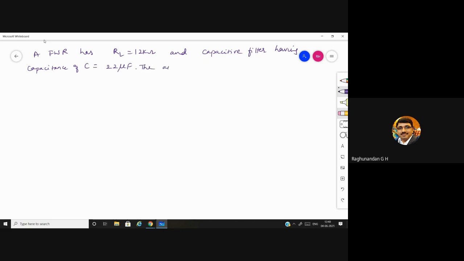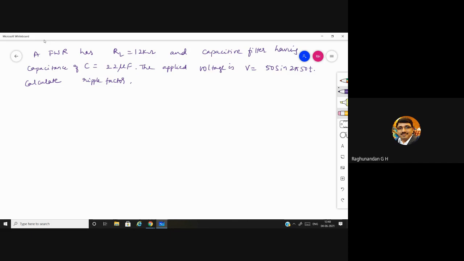The applied voltage is V equal to 50 sine 2 pi 50 t. Calculate the ripple factor.